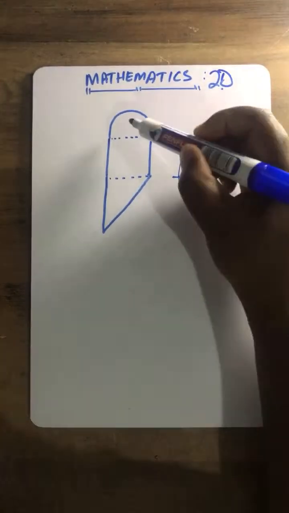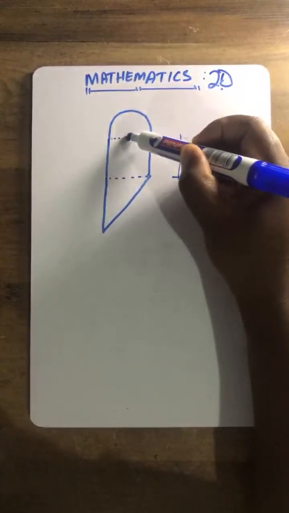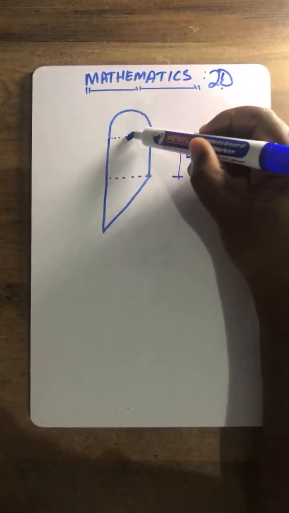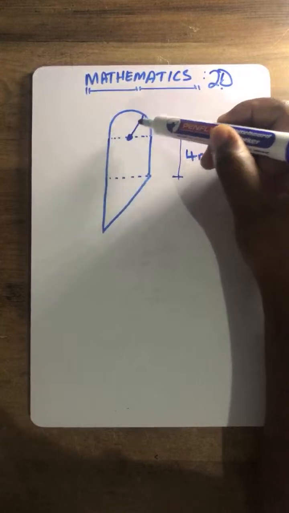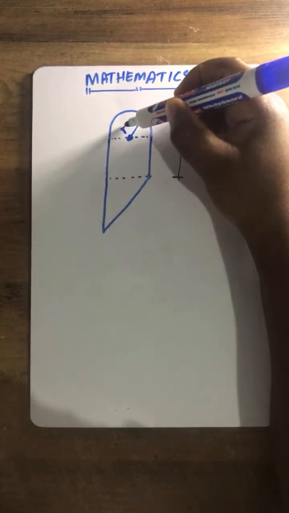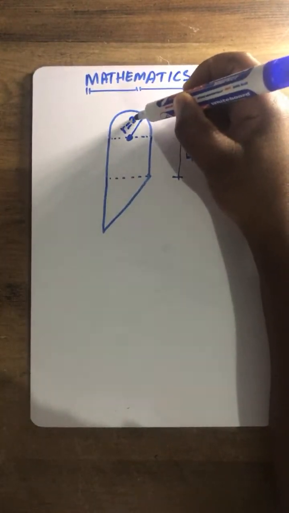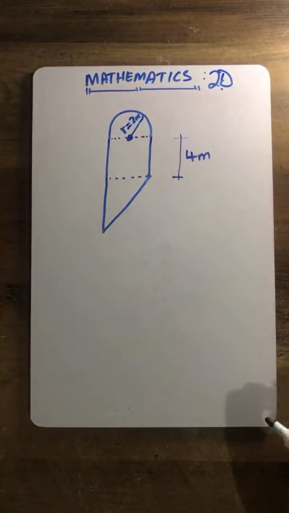And then I am going to say r is equals to 2 meters. Yes, that is the radius there, being equal to 2 meters.